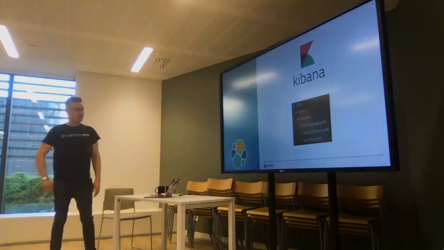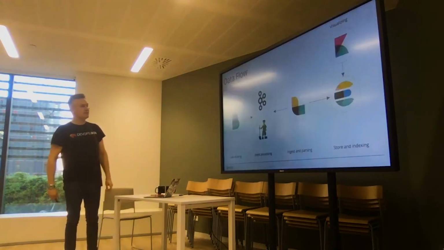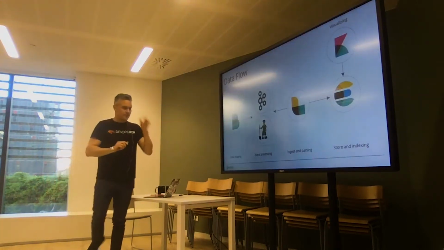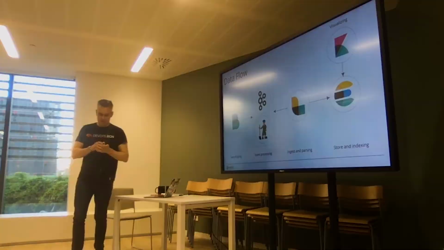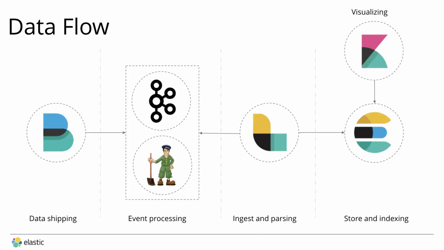Then we continue onto the next piece. The way that the Beats work is that they collect different kinds of information, and we will go through each of the Beats that I'm using. The reason we've put in an event processing piece, a Kafka, is because we don't want to bang on Logstash, and we want Kafka to do the back pressure for us.